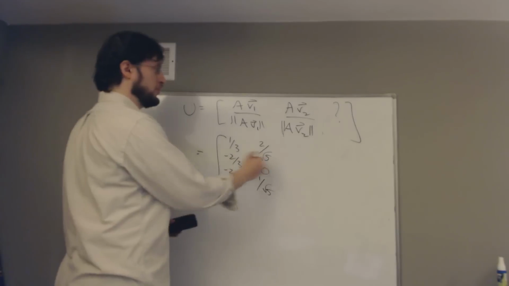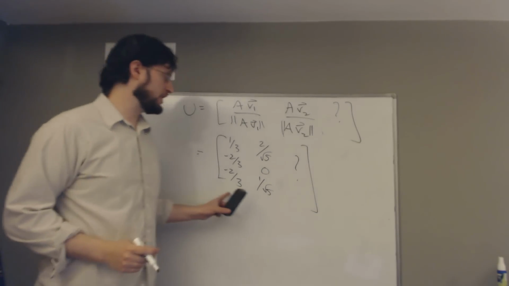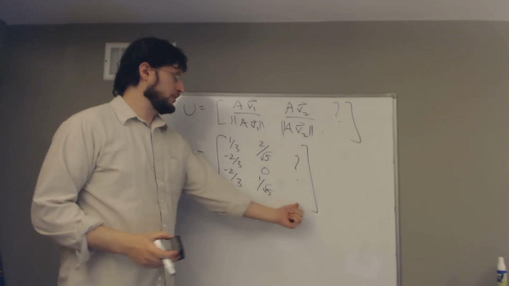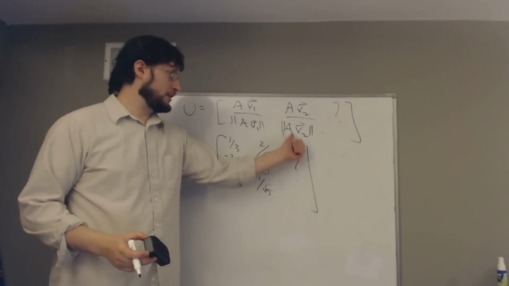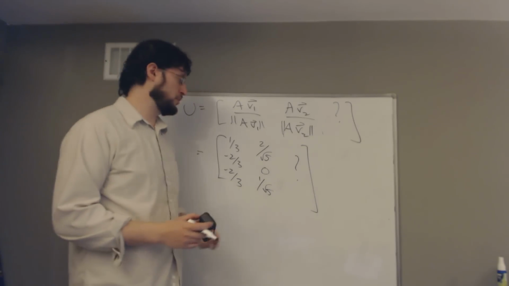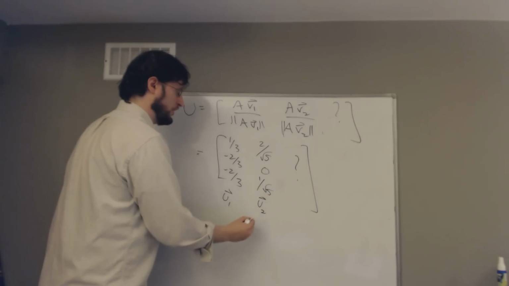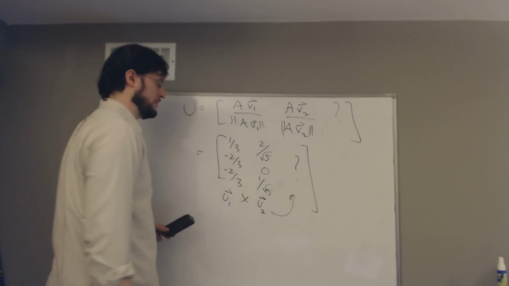All right, so we still don't know what goes in our third column, but this is exactly like the previous example that we've looked at. We need to fill this third column out with a unit vector which is perpendicular to both of these. So if I call this U1 and this U2, well then I'm just going to cross those and put it up in there.